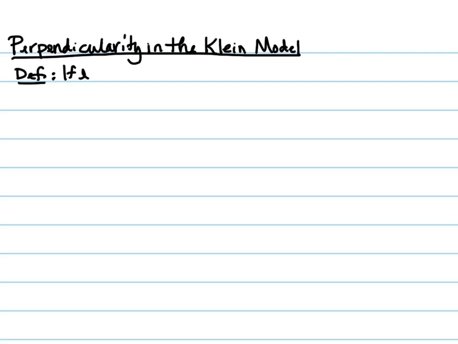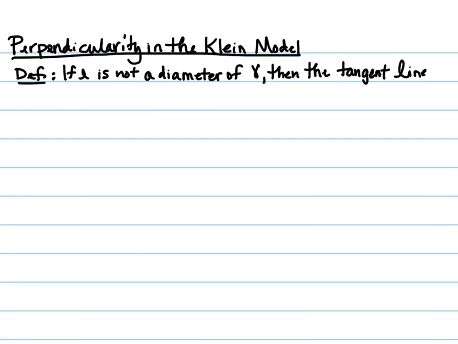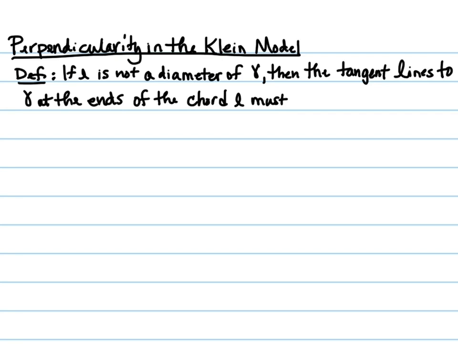So if L is not a diameter of gamma, then the tangent lines to gamma at the ends of the chord L must meet at a point exterior to gamma.